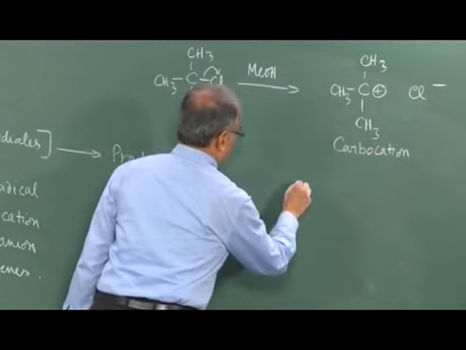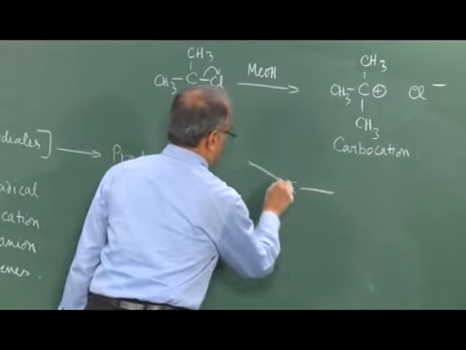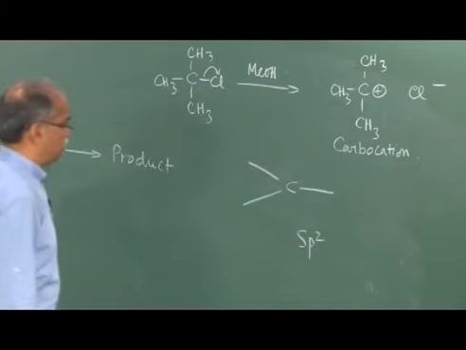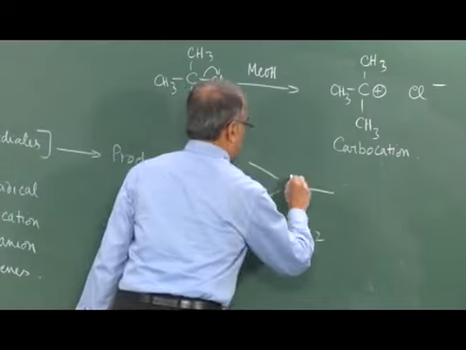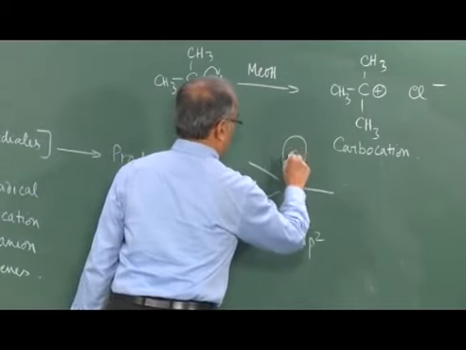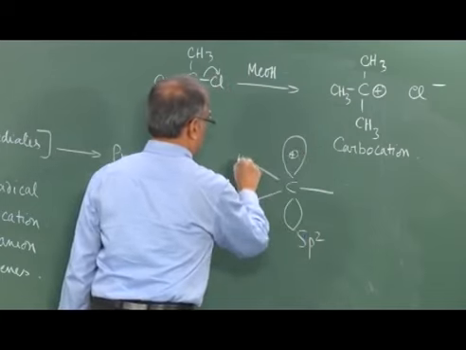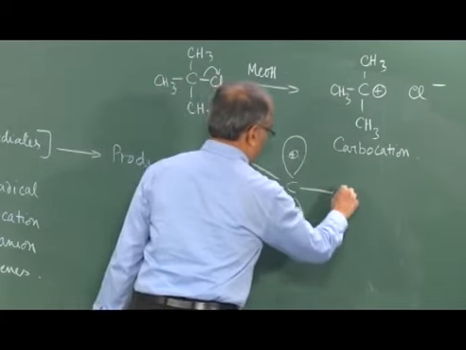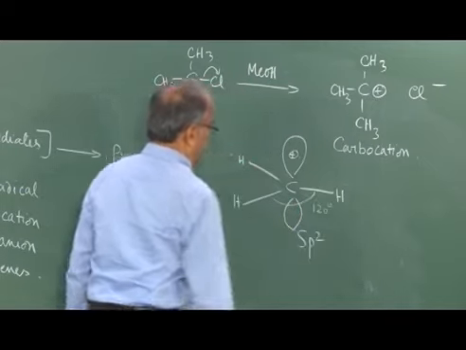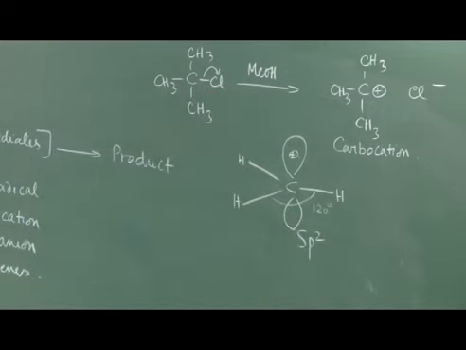The structure of carbocation is that it is an sp2 hybridized system with an empty p orbital responsible for the positive charge. Let us say methyl carbocation would be, this would be 120 degrees in terms of the bond angle. It is a planar system.